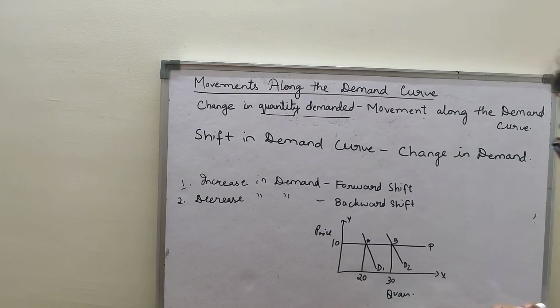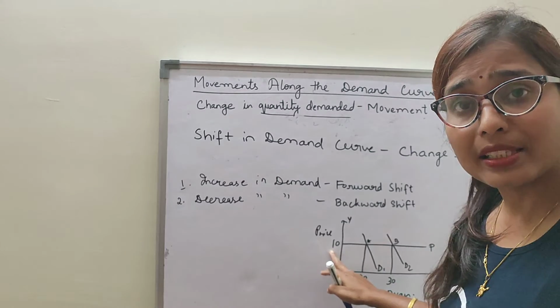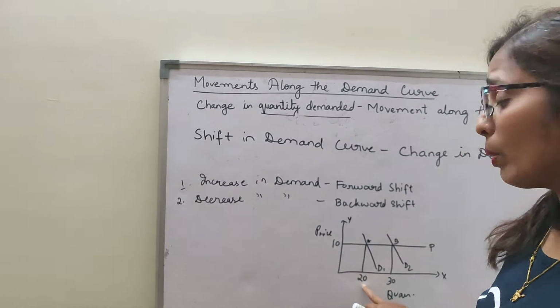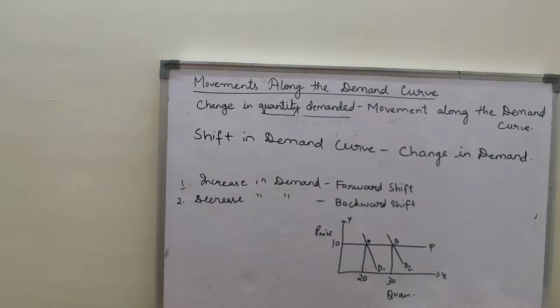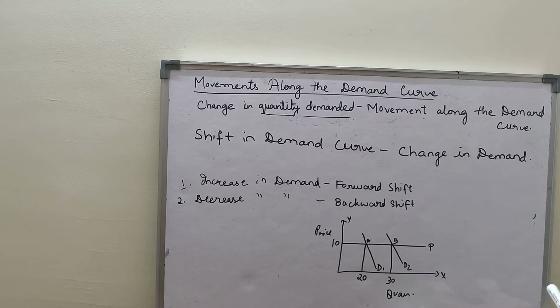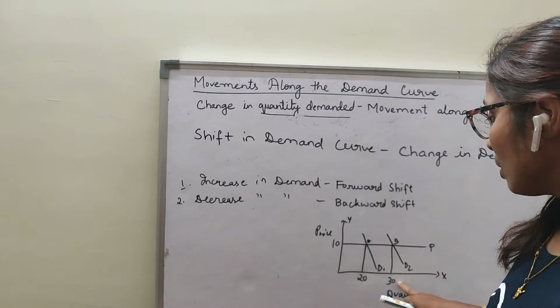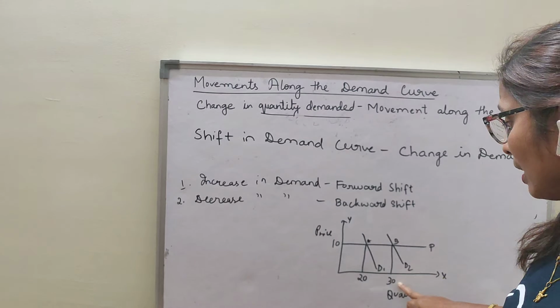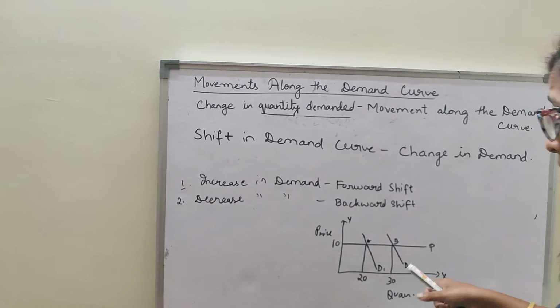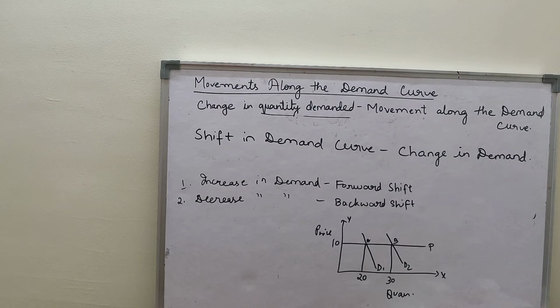When the price of good X is rupees 10, consumer demanded 20 units. Now even at the same price, consumer demands more of the commodity, that is 30 units.